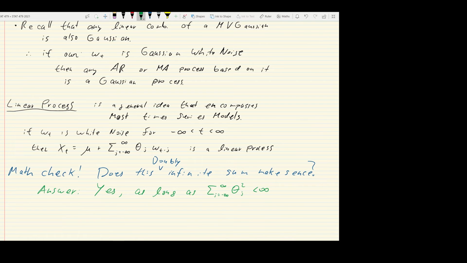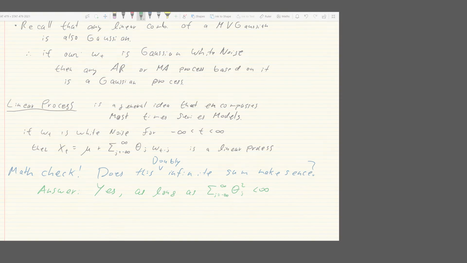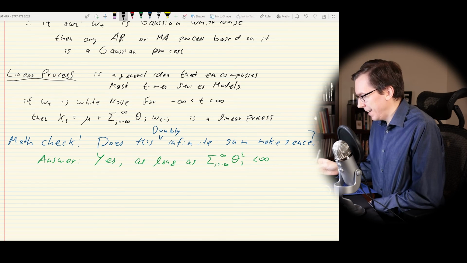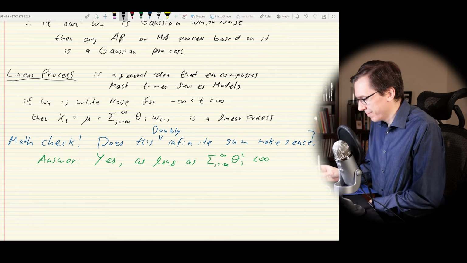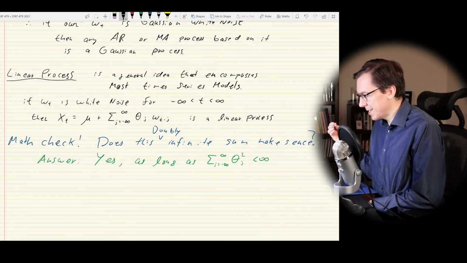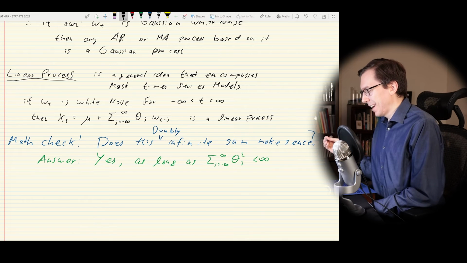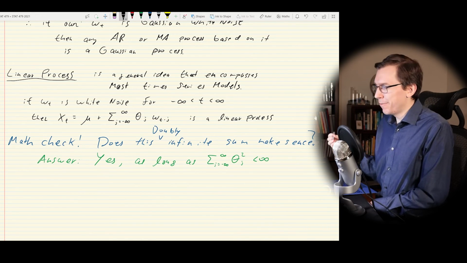Why would that be the case? If we want to compute the variance, the answer is yes, this sum does make sense as long as the sum of the squared thetas is finite.